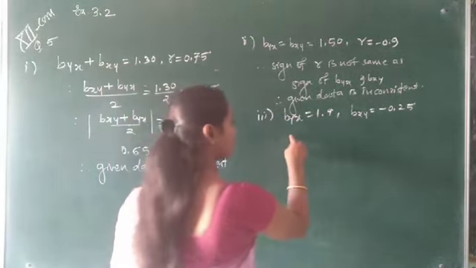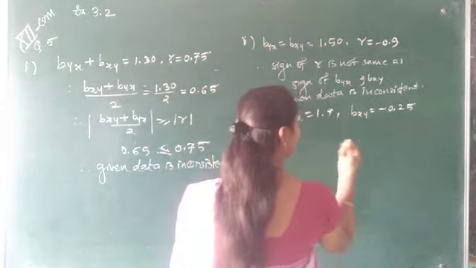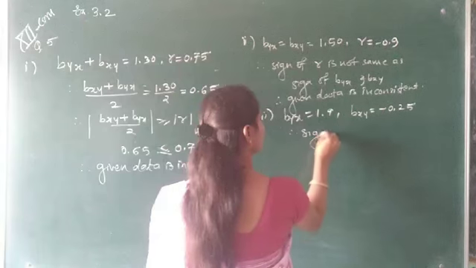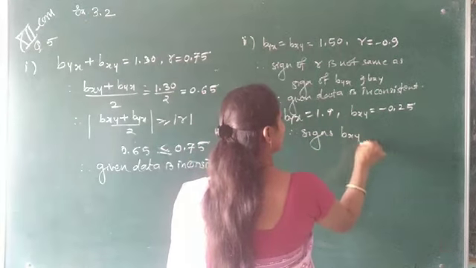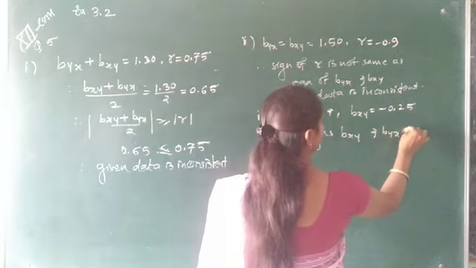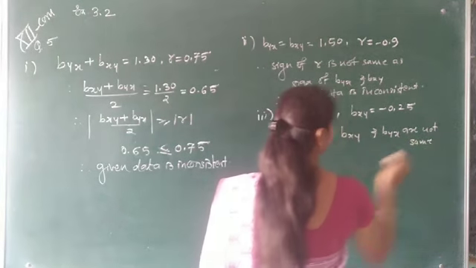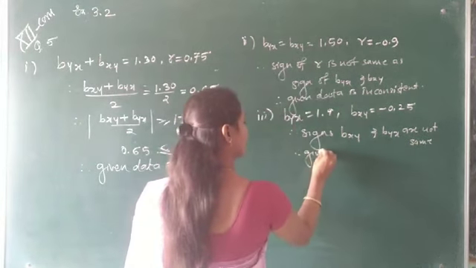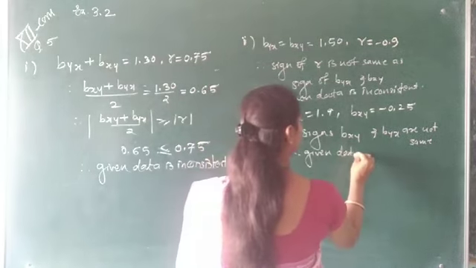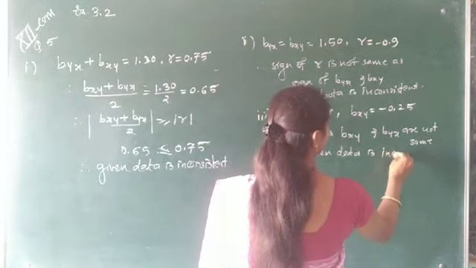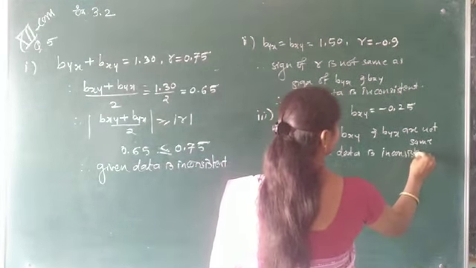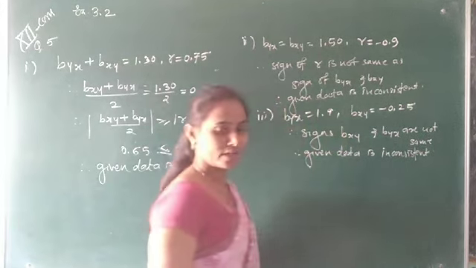But here the sign of byx is positive and the sign of bxy is negative. So the signs of bxy and byx are not the same. Therefore the given data is again inconsistent.